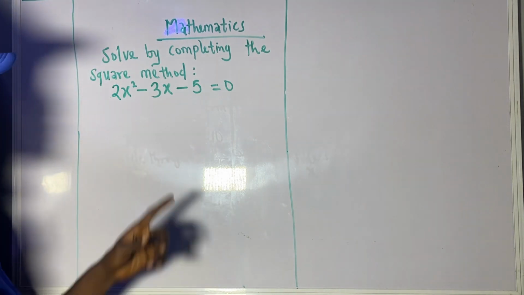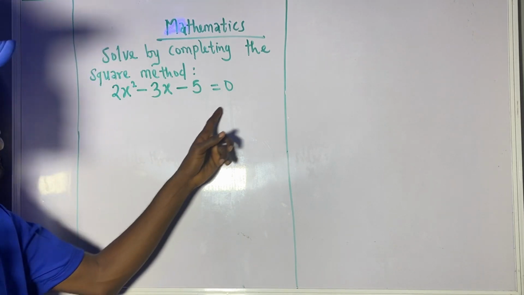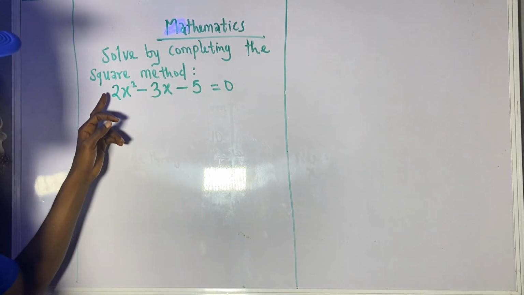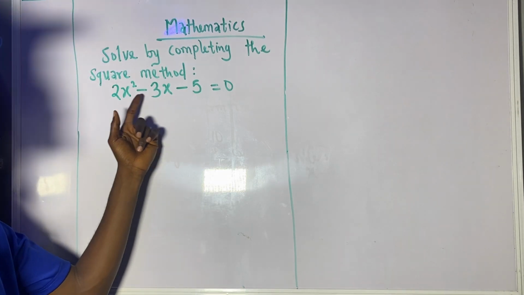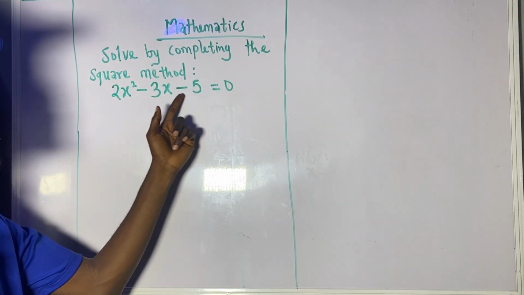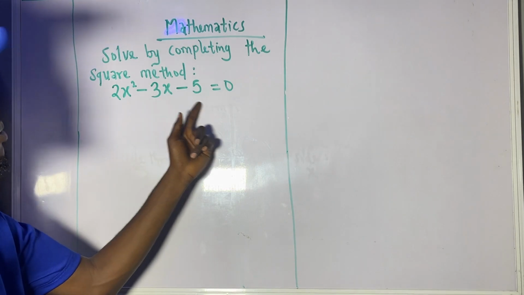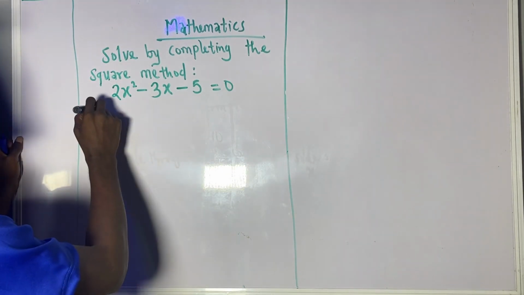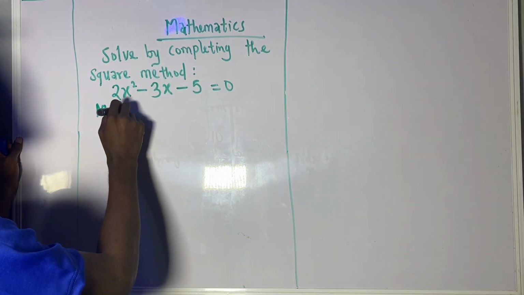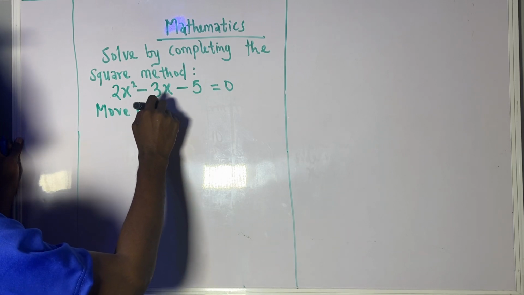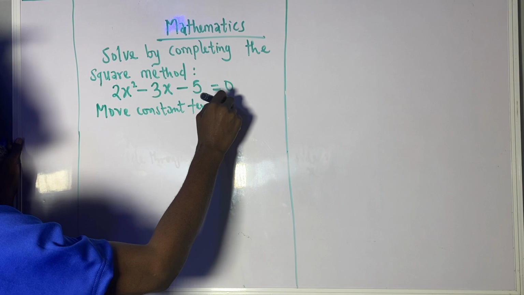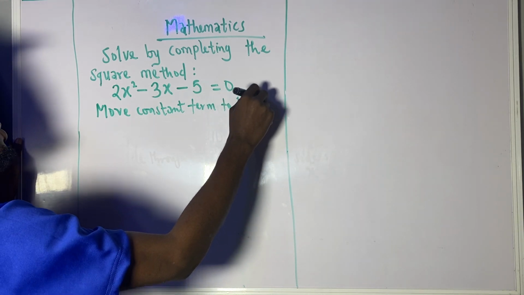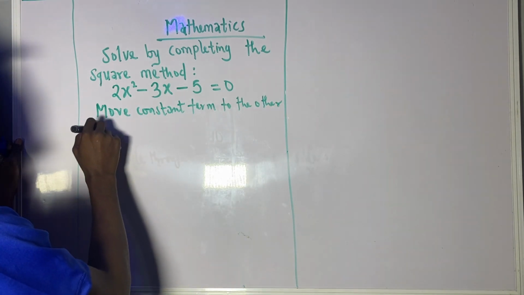Now, the first step is to move the constant term to the other side. This is not a constant term because there is x attached to it, but this is the constant term. We move it to the other side. We write: move constant term to the other side.